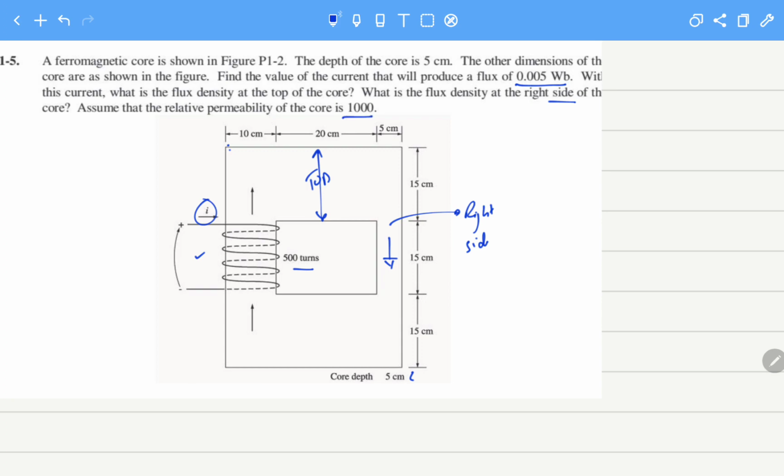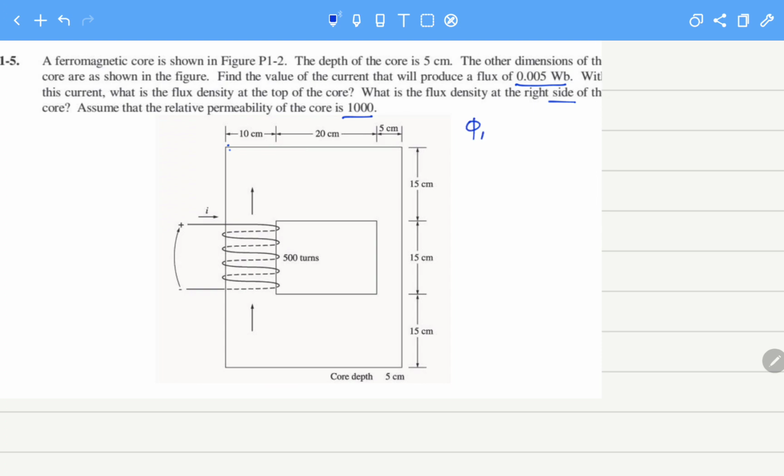So students, we know that the flux will be same at the top also and on the right side also, but the flux density will change because we can see the cross-sectional area of this part is different than the cross-sectional area of this part. So the first approach will be we have to calculate the flux.